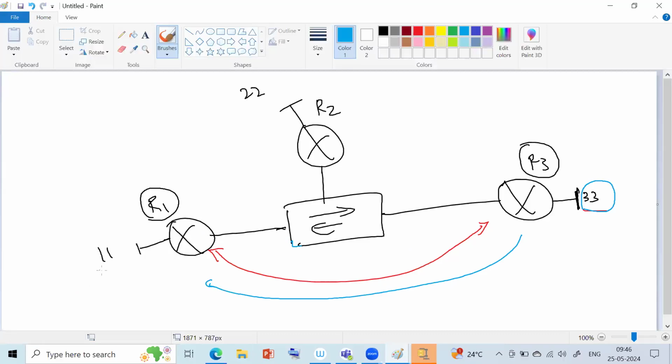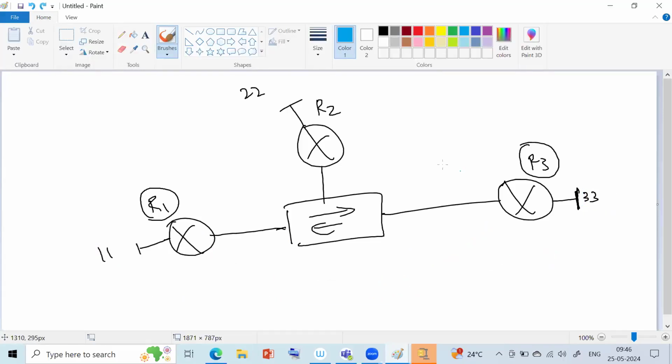Here we say network 11.11.11.11. Then the 11 network will be advertised, right? Then these both can see each other's network. Okay, fine. That is the way to see any network on R3.